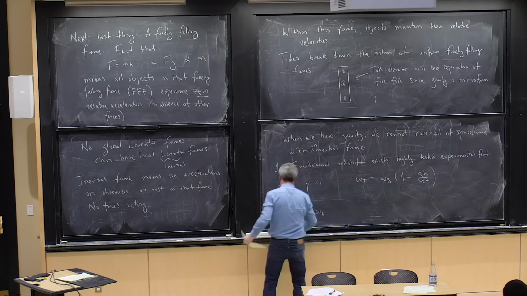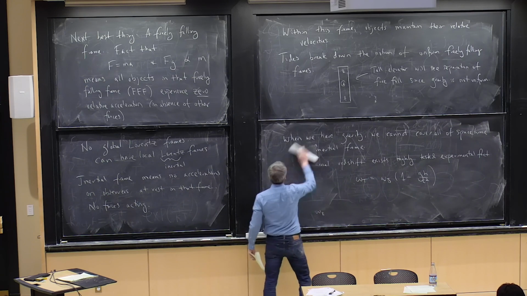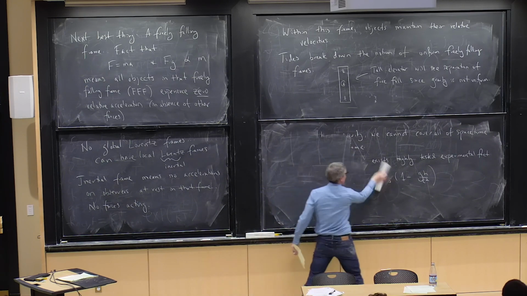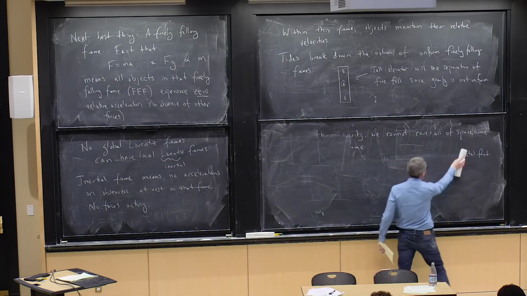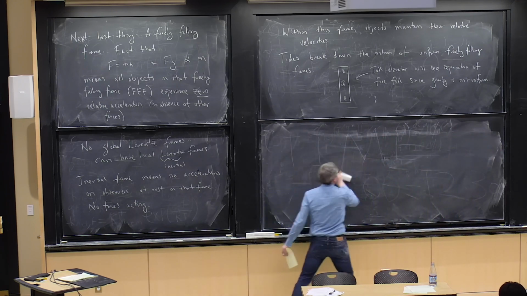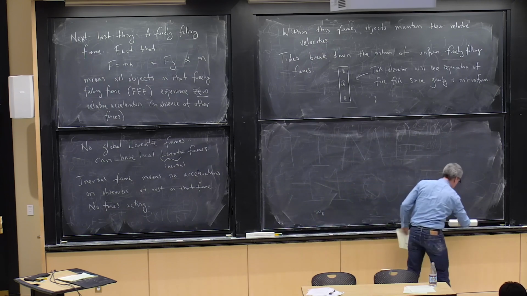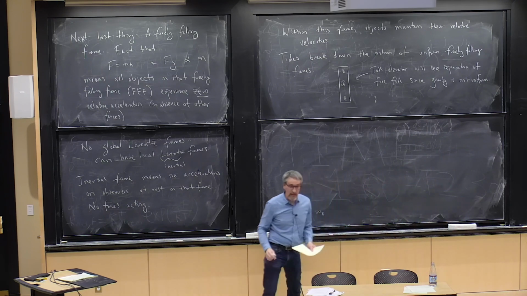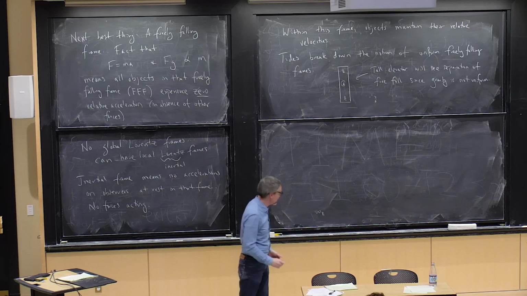But there's another way of saying this. And what this is telling me is, imagine I made a space-time diagram that shows trajectories of the three of us, the three of us plummeting in this elevator, okay?